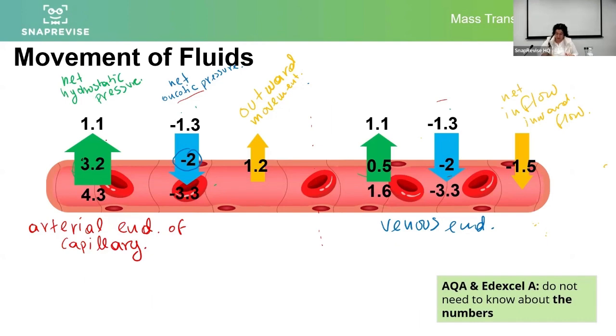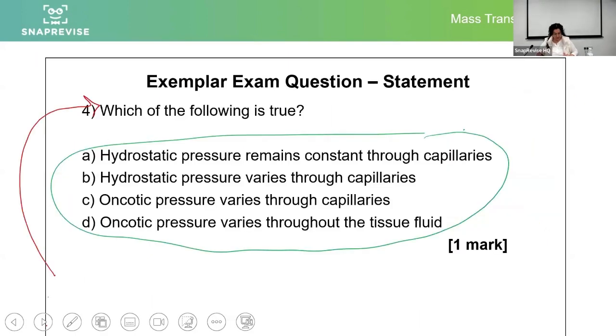The hydrostatic pressure differs. And finally, oncotic pressure varies throughout the tissue fluid. Not really, because the oncotic pressure in the tissue fluid is just going to depend on the amount of liquid and on the solutes in it. So it doesn't vary throughout the tissue fluid.